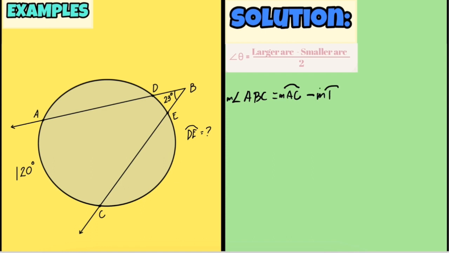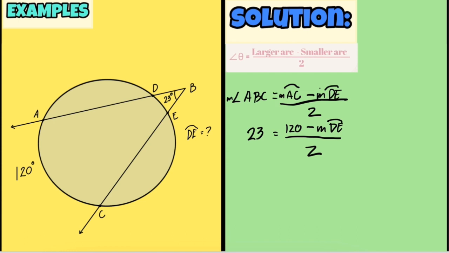So we're looking for arc DE here. Then divide by 2. The measurement of angle ABC, as you can notice here, is already given. It's 23 degrees. The measurement of arc AC is 120. DE, it's not there. So measurement of arc DE is not yet mentioned, over 2.